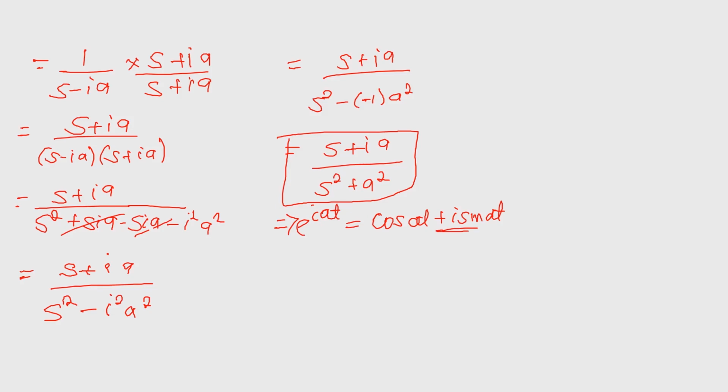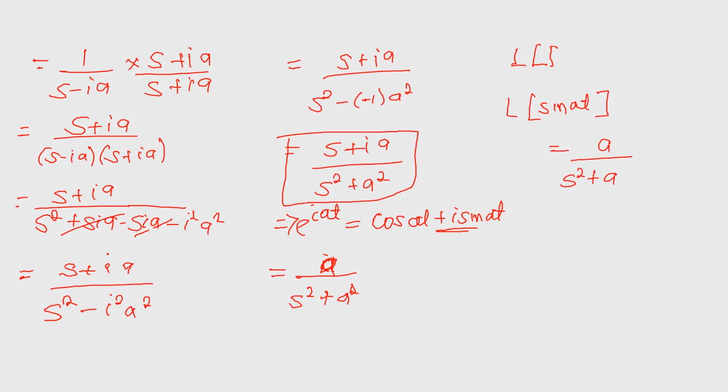So for here, what you are going to write is the imaginary part, which is just going to be the a, not necessarily writing the i. So s squared plus a squared. So finally the Laplace transform of sine at is equal to a over s squared plus a squared.